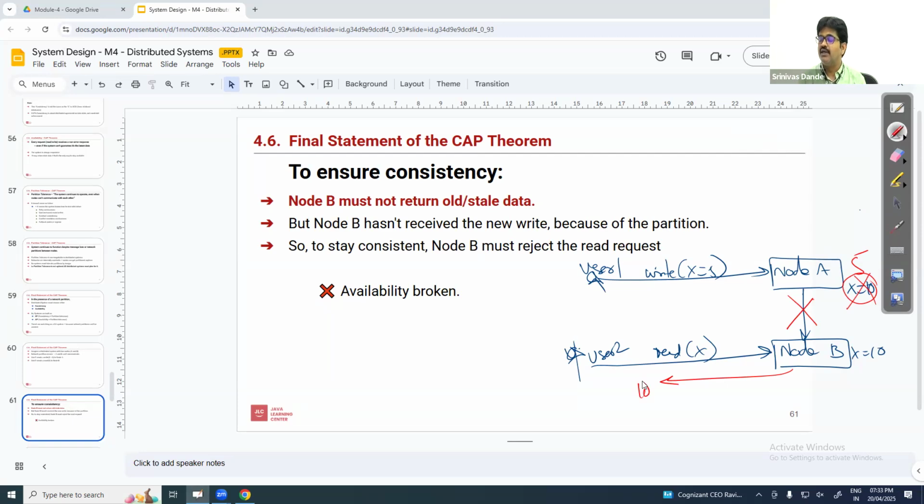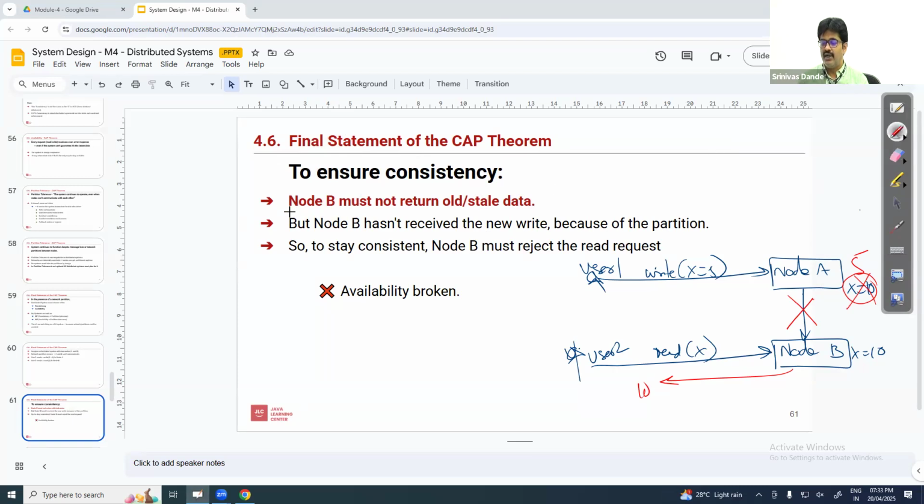We understand that in this particular case, this is not a consistent system, but what has to be guaranteed when you want to make this distributed system a consistent system? To ensure consistency, node B must not return a stale data. Clear? Node B must not return a stale data.